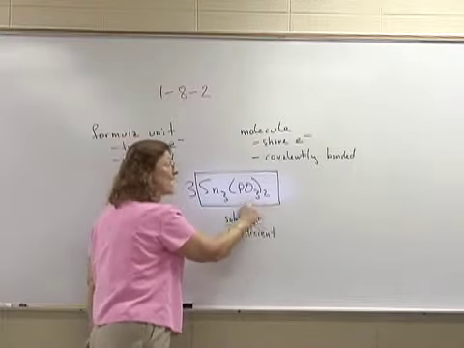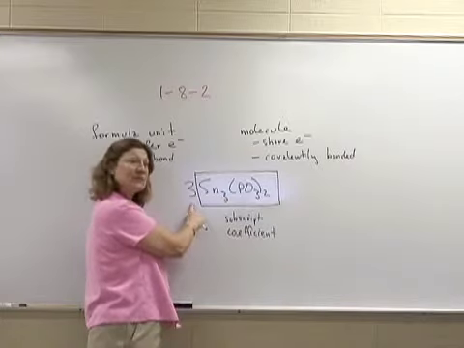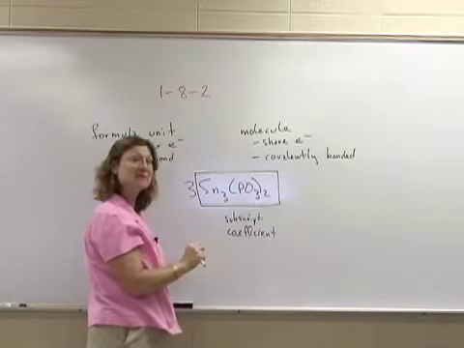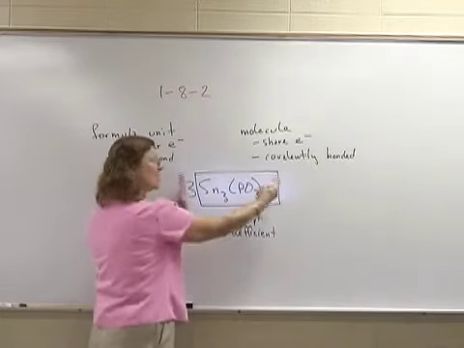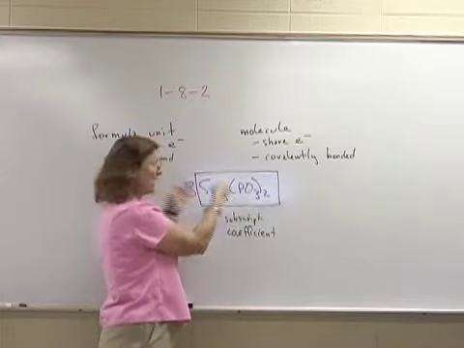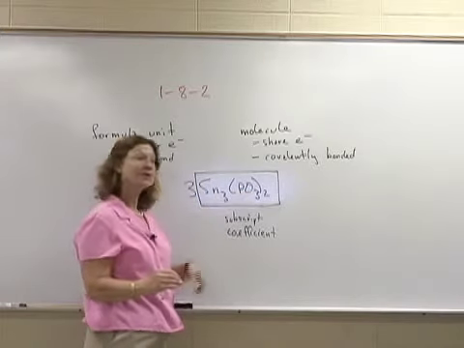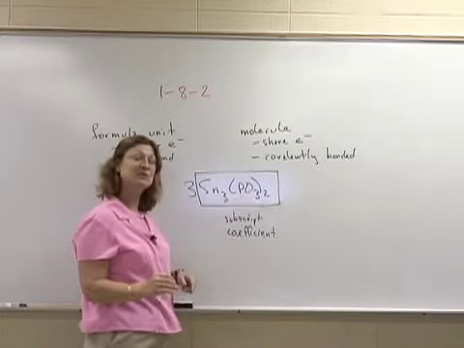I have 6 atoms of oxygen and 3 of these molecules, giving me a total of 18 atoms of oxygen. Because these compounds are like things in a box. You can't change what's in the box, but I have 3 boxes. So I would have 18 of those oxygen atoms in those 3 boxes.